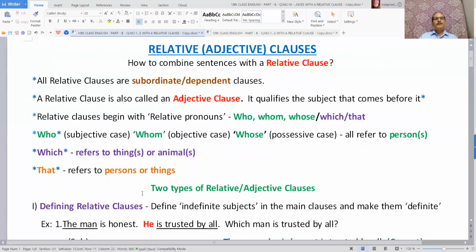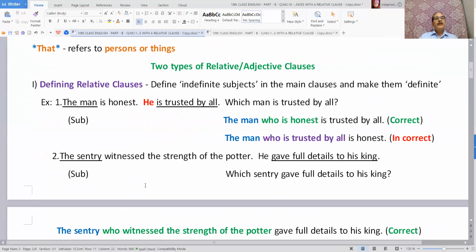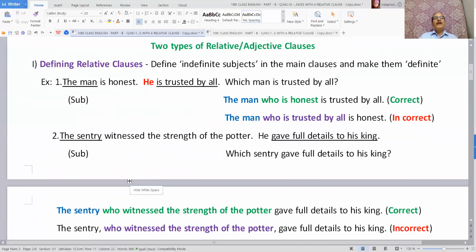So in this way, we have defining relative clauses and non-defining relative clauses. In defining relative clauses, the relative clause is a part of the subject. If you delete the relative clause, the subject has no identity. So to give identity to the subject, defining relative clauses are used.